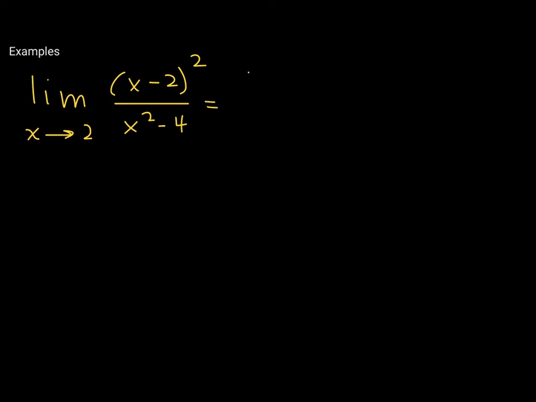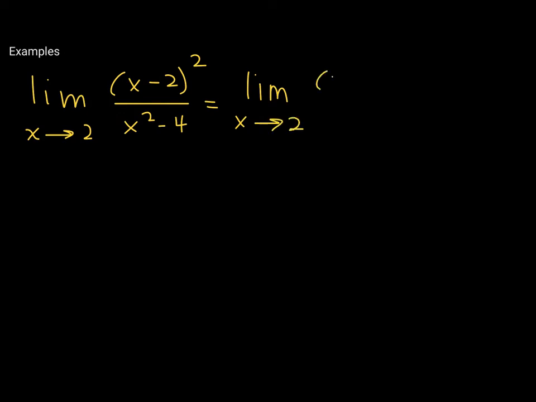All right, so let's check out this first one. So we have the limit of x minus 2 quantity squared over x squared minus 4 as x approaches 2. Now, we cannot just substitute, right? We cannot use direct substitution because the denominator is 0 at 2. And so we're going to have to manipulate or simplify this expression. And so we can do that by factoring. So the numerator is already factored.